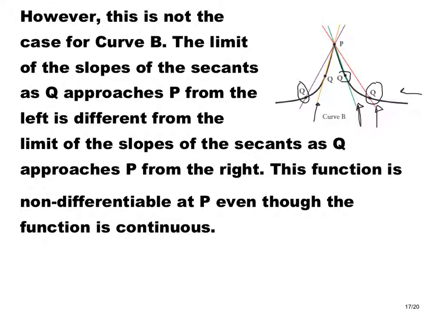Now comparing the two slopes, the left one and the right one, they are giving you different slopes. This means that the function represented by this graph is not differentiable at point P, although the function that we started with was continuous.